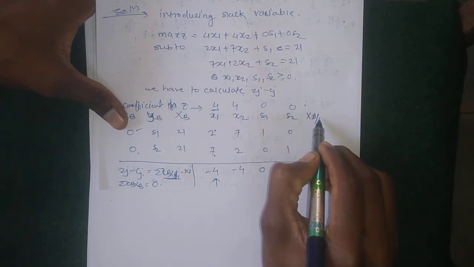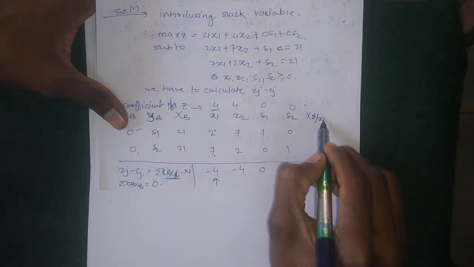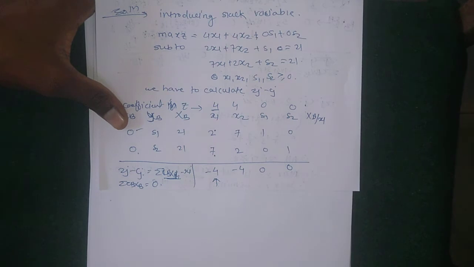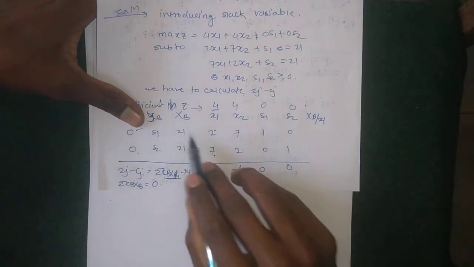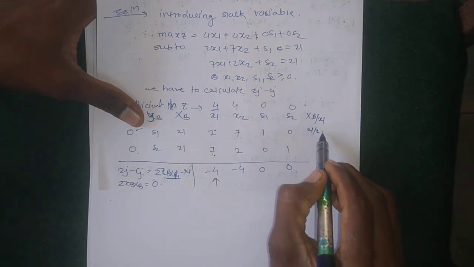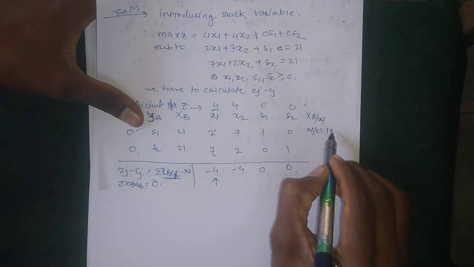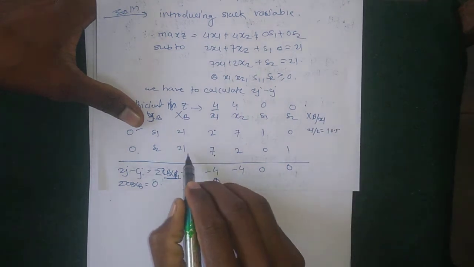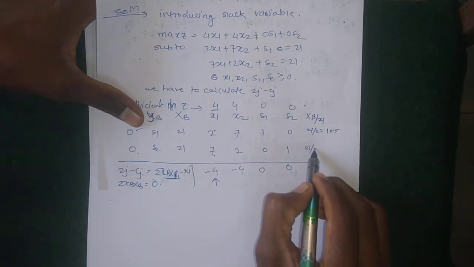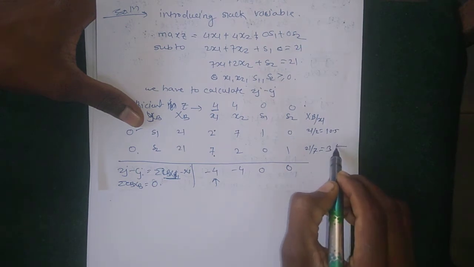How to find the ratio? XB divided by x1. 21 divided by 2 we get 10.5, and then 21 divided by 7 we get 3, which is the smallest.